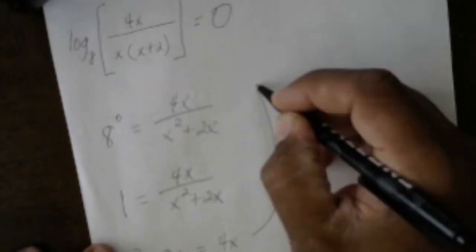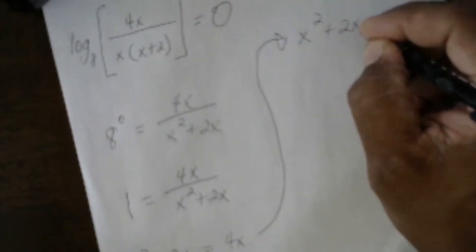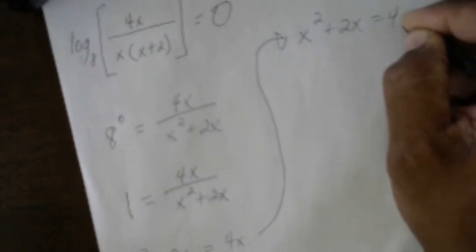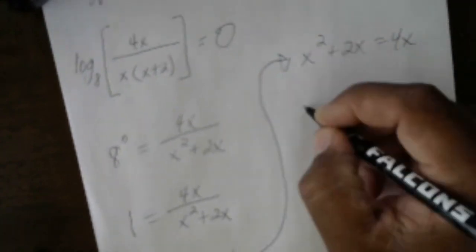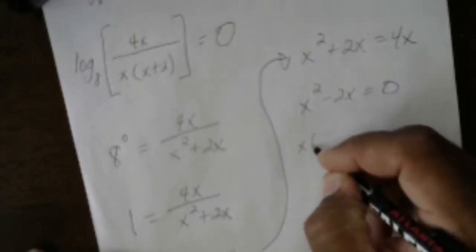And I'm just going to transfer this up here. So we have x squared plus 2x is equal to 4x. So here I'm going to subtract 4x from both sides. I'm going to factor out x.